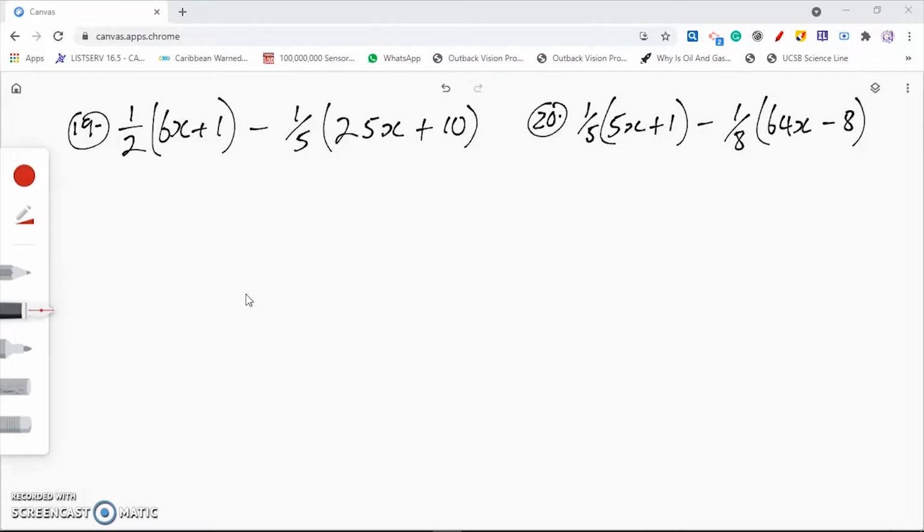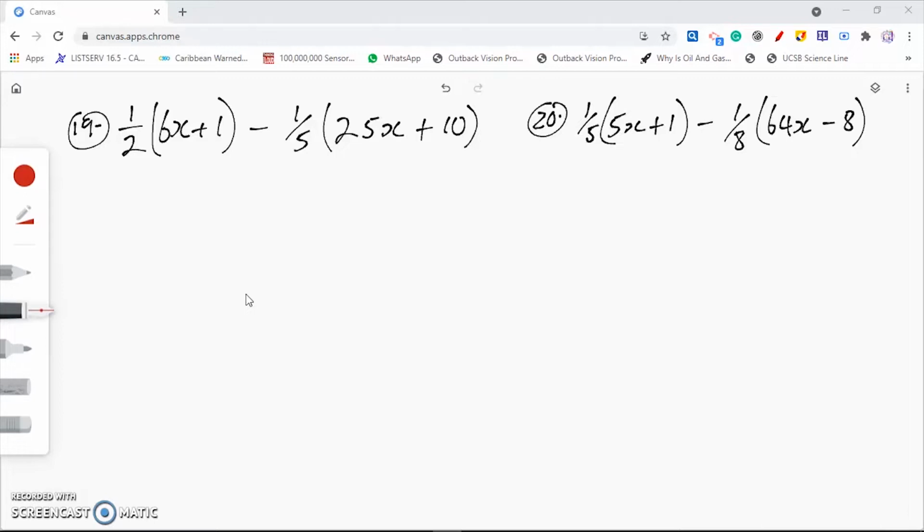This is the third part of the video series on the distributive law. We are on question 19. It says half open bracket 6x plus 1 minus 1/5 open bracket 25x plus 10.